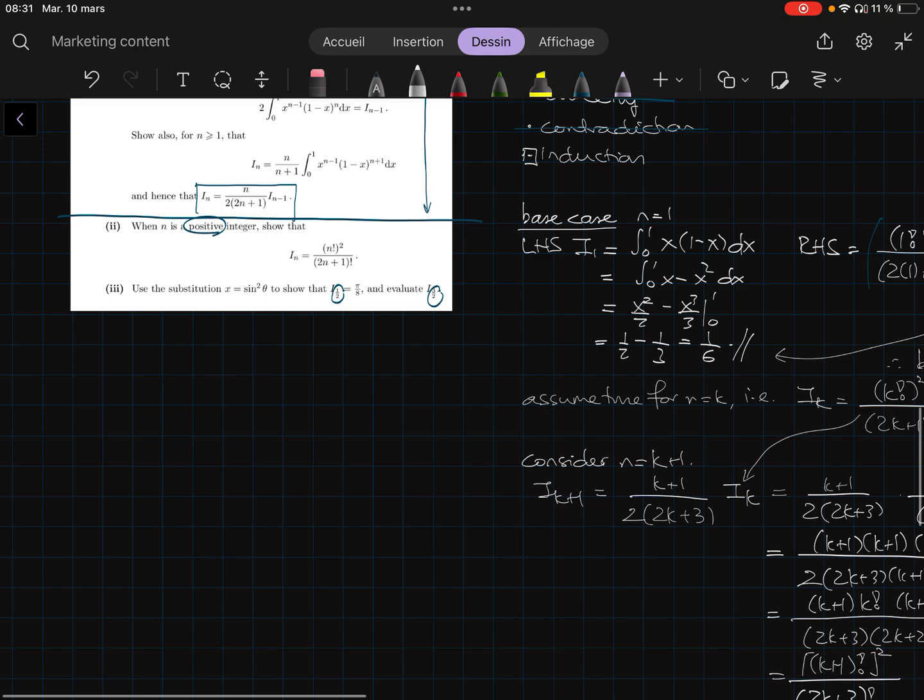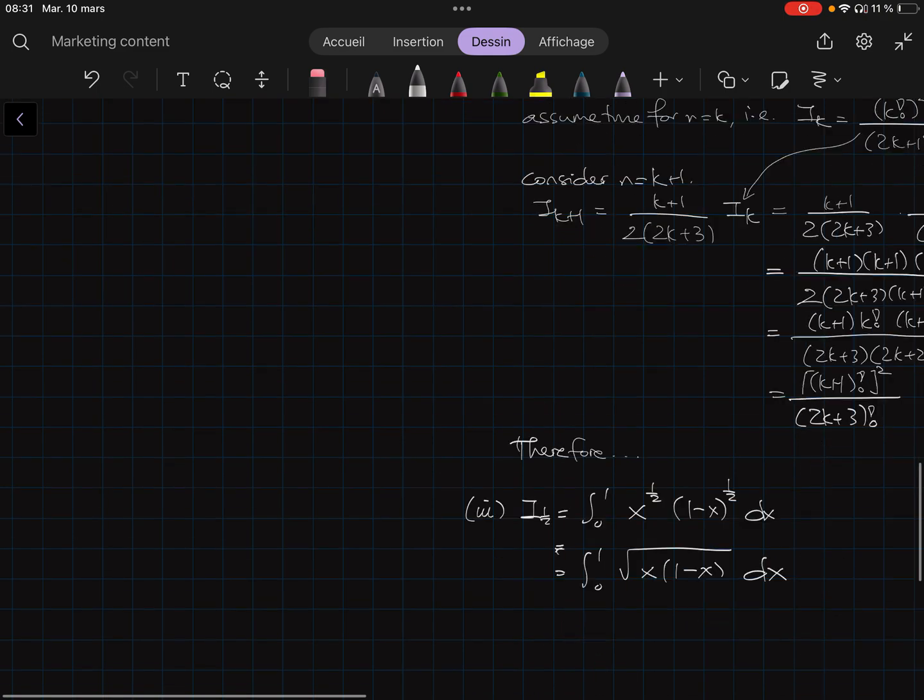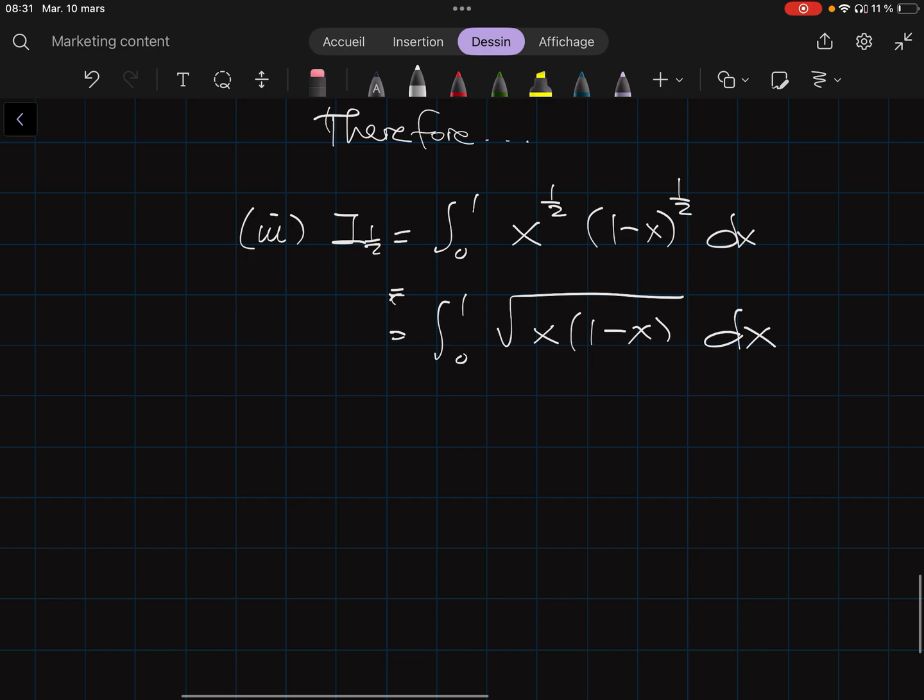You are asked to use the substitution x equals sine squared theta to show the results. So let's make a substitution.